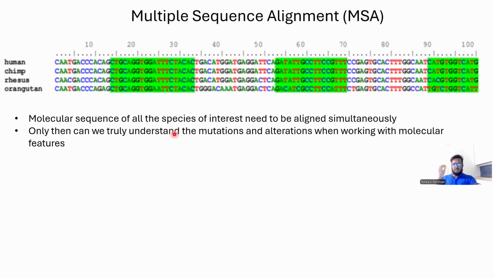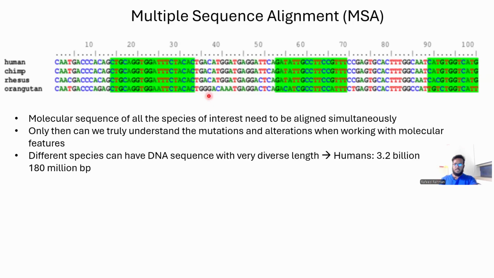So if you want to understand the mutations and alterations, which you need to understand because, as you saw before, for distance-based methods you need the distances. For statistical methods, you need to know what kind of change has occurred to get the probabilities. You need to be able to align these things together so that you can get the distance or those changes from one species to the other.